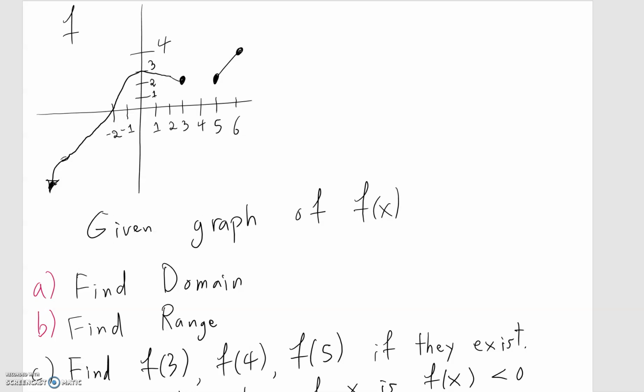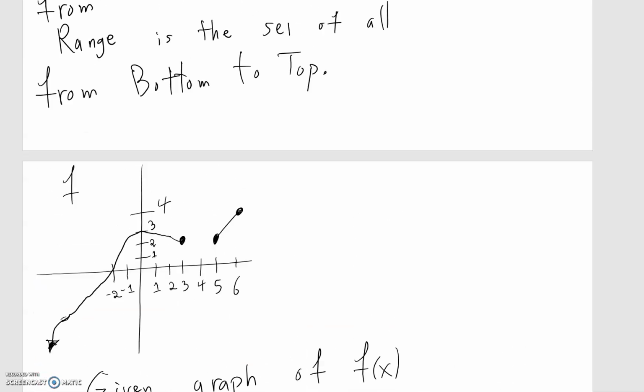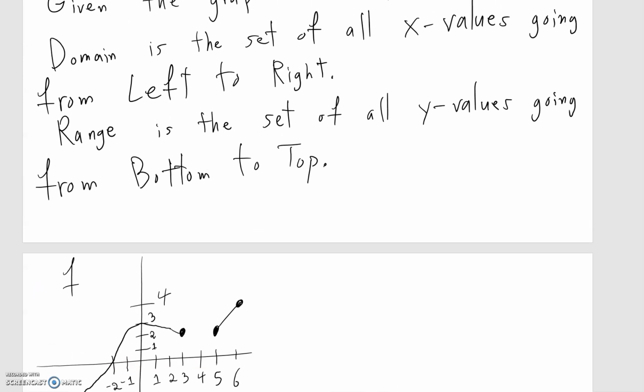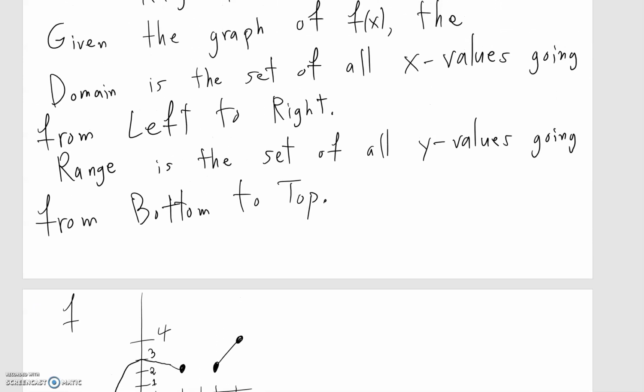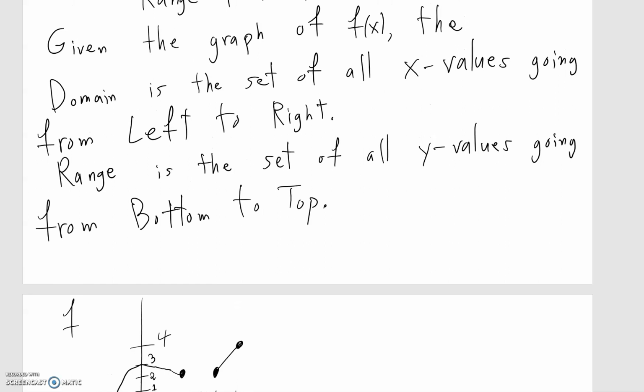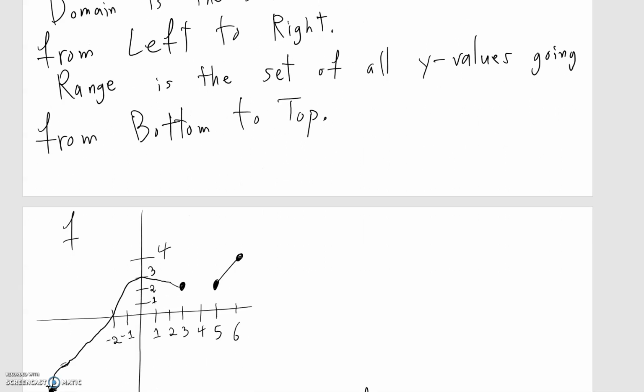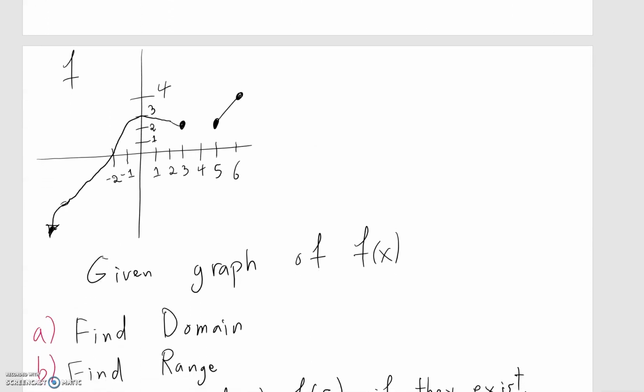So how do we find the domain? Let me scroll back up one more time. The domain of a function, if you're given the graph, is the set of all x values going from left to right. Looking at this graph, if I look at the x values on the graph going from left to right, you can see here that we have this arrow pointing downwards, right?